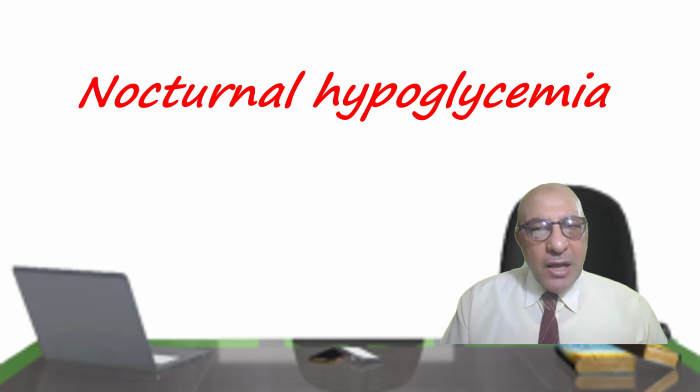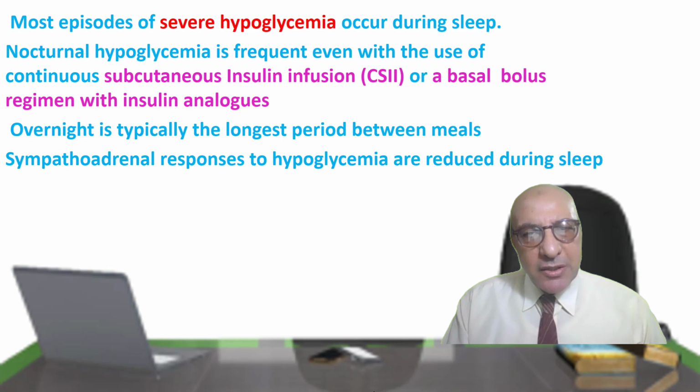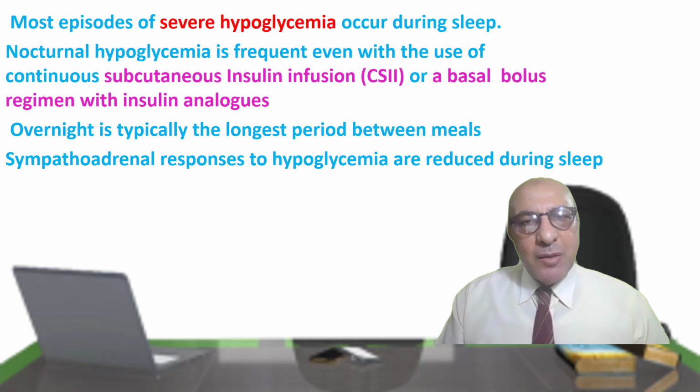Now, to one variant of hypoglycemia which is important, what we call nocturnal hypoglycemia. Hypoglycemia during the night while the patient is sleeping. Actually, most episodes of severe hypoglycemia occur during sleep. Why? For two important reasons.